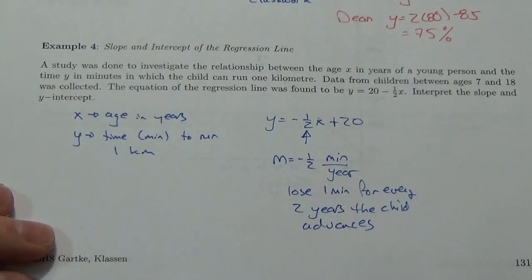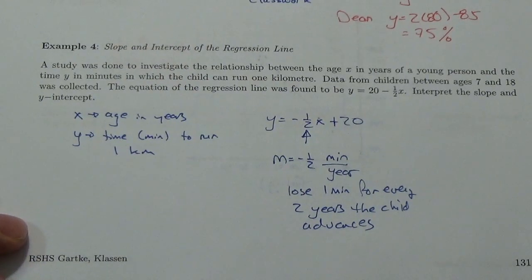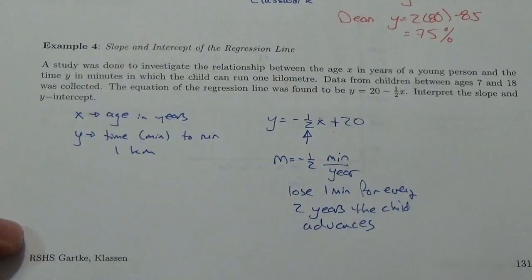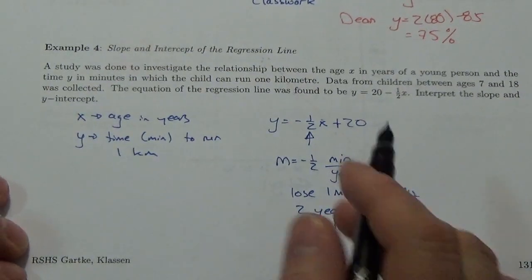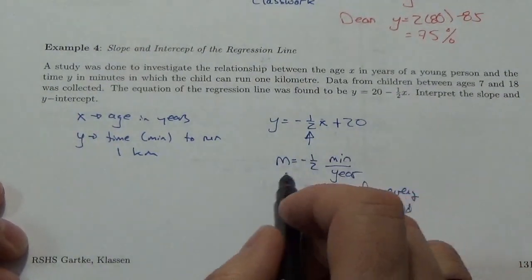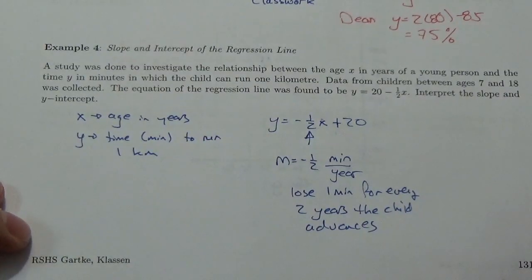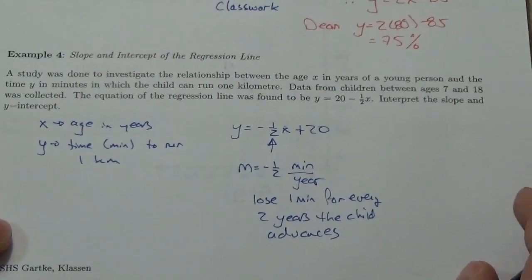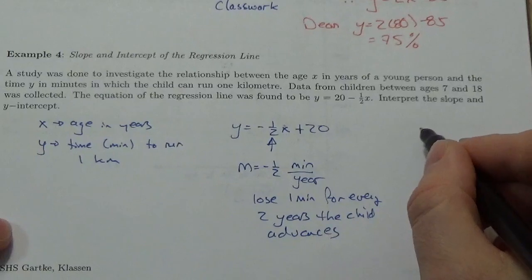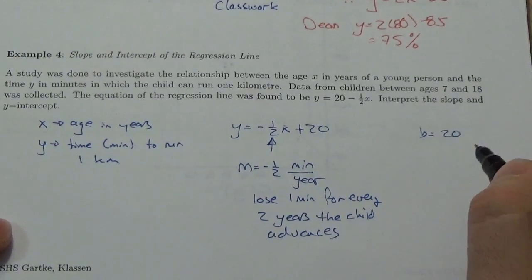Basically it means the older you get, the slower you get, which is not that far out there. Yeah, I mean, you can train and whatnot and get better at that, but there we go. So we're going to lose a minute for every 2 years that the child ages between 7 and 18. Now, the y-intercept here is 20.